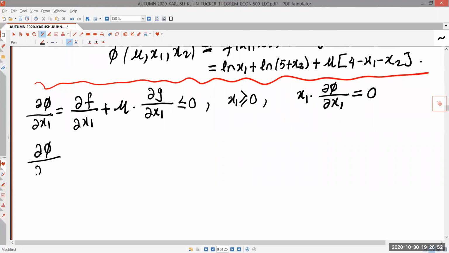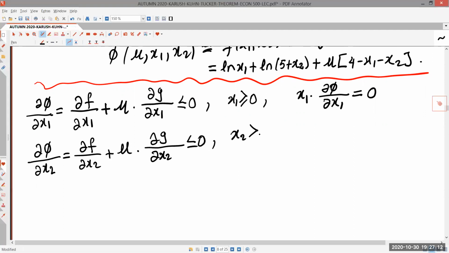Take the derivative of the phi function with respect to the second variable, and we end up with this expression. Since there is only one constraint function, this is less than or equal to 0 as well. And we require that the second variable is also either 0 or greater than 0. The product of x2 with the partial derivative of phi with respect to x2 must be equal to 0 as well.